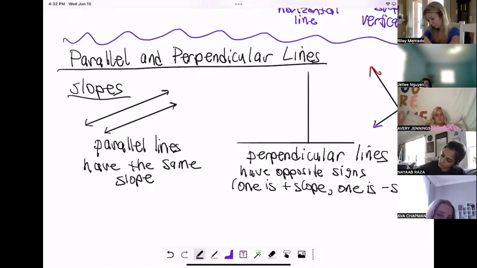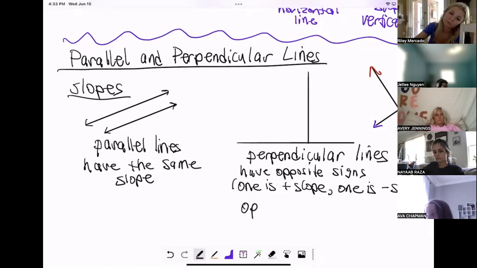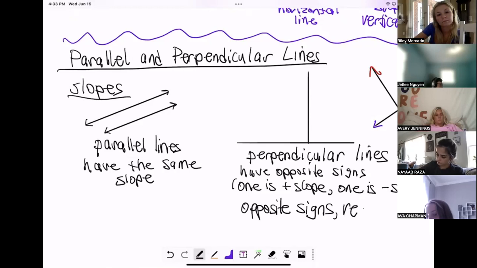But there's one more thing that perpendicular lines have. Besides the sign changes, the slope part, the rise over run also changes. So in order to be perpendicular, you have to have opposite sign, and here's the thing, reciprocal slopes.